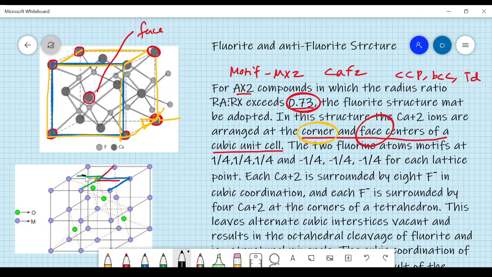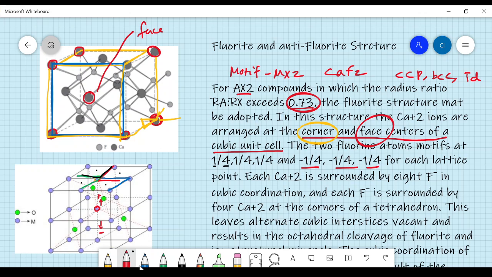So 1, 2, 3, and 4. These 4 cubes share that atom. So each particular atom is shared by 4 cubes. That is what is meant there. Minus 1 by 4 means it is the opposite of that: all the top will be plus, and all the bottom will be minus.